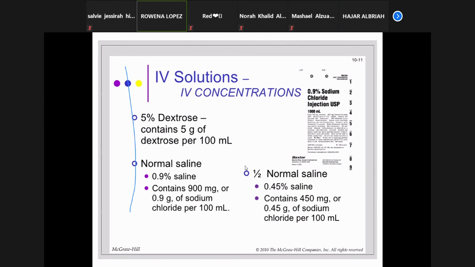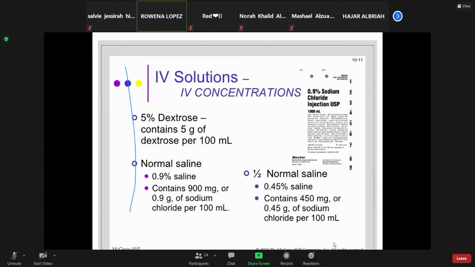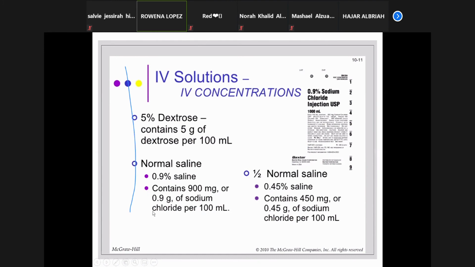So how about the NS or normal saline? We have 0.9%. If there is 0.9, it pertains to grams. If it is directly 5%, it is directly 5 grams. So it contains 900 milligrams or 0.9 grams of sodium chloride per 100 ml.